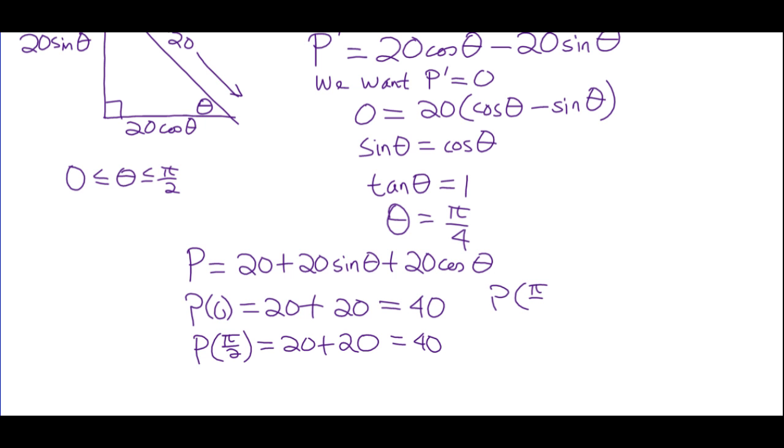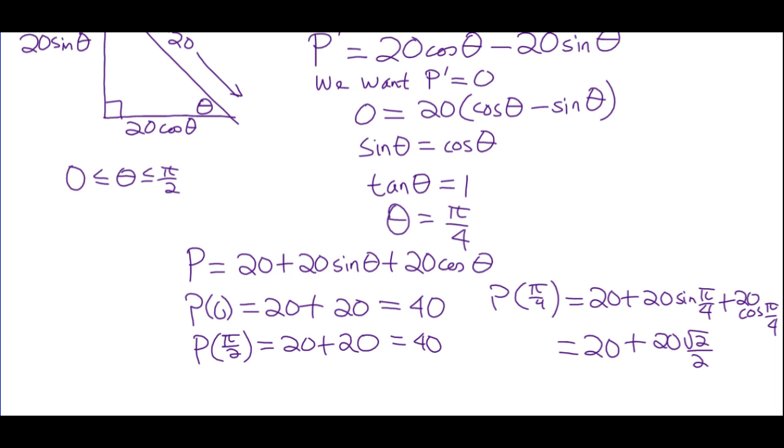So 20 plus 20 is also 40. And if theta were pi over 4, then we get 20 plus 20 sine pi over 4 plus 20 cos pi over 4, which is 20 plus 20 times root 2 over 2, that's 10 root 2, plus another 10 root 2.